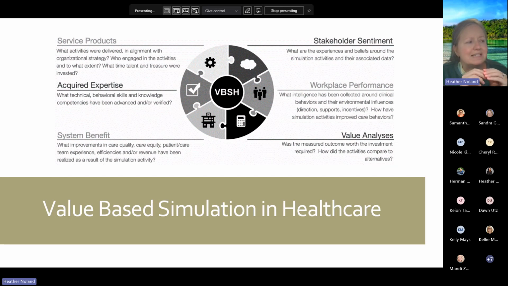It takes aspects of simulation, which we know impact these six buckets around this graphic, and focuses on how we can make those connections, on how our education, our simulation, whatever we're doing to promote quality care, can show that impact, and on having conversation around the right language in which to represent that.